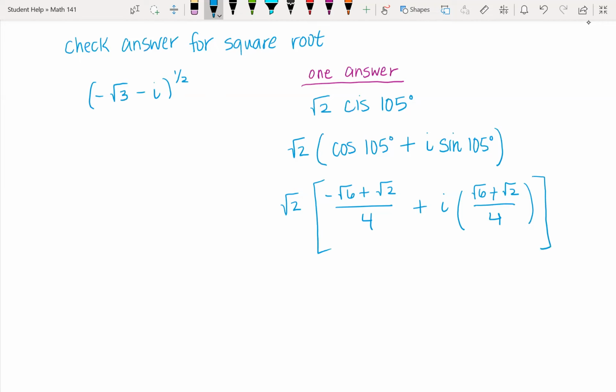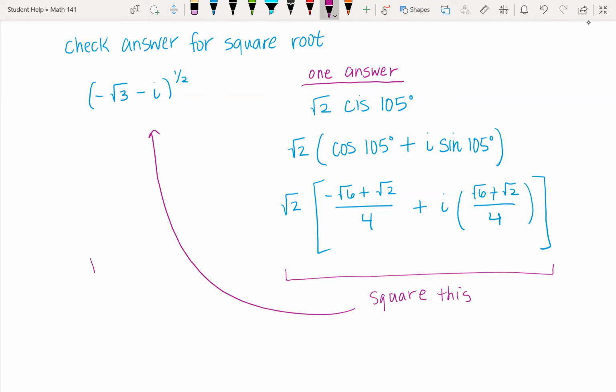So this is the written out version. And what this is saying is that if I take this value and I square it, I should get this. And that looks really far from what it is, doesn't it? So we're going to square this and see whether we get that original thing back.